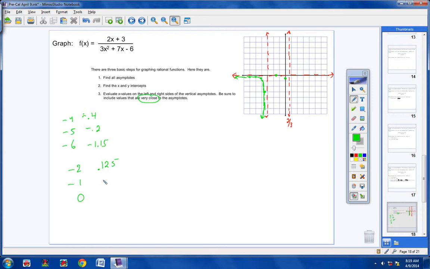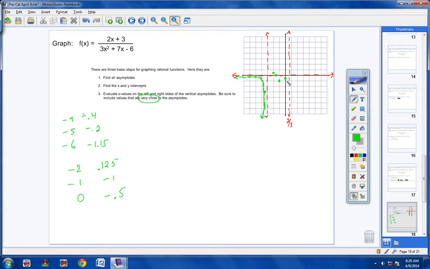Negative 1 is going to be negative 1. And 0 is going to be negative 0.5. So let's plot these points. At negative 2, I'm going to be at 0.125, so about right here. And then at negative 1, I'm going to be at negative 1, so right here. And then at 0, I'm going to be at negative 1/2, which I already knew that anyways. I'm not sure why I did that, okay?